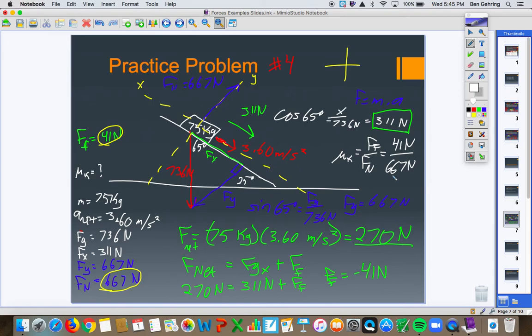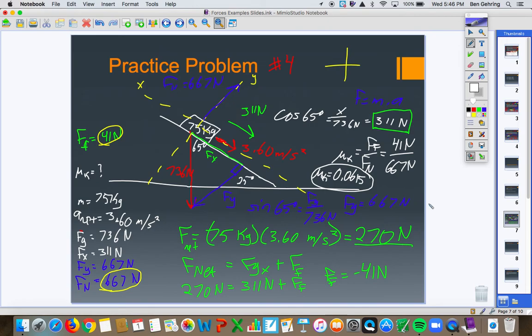And if I divide those two, 41 divided by 667, I should get an answer of 0.0615. So mu k was 0.0615. That is my coefficient of kinetic friction. Okay, so we know that now, and that's our answer to the first question.